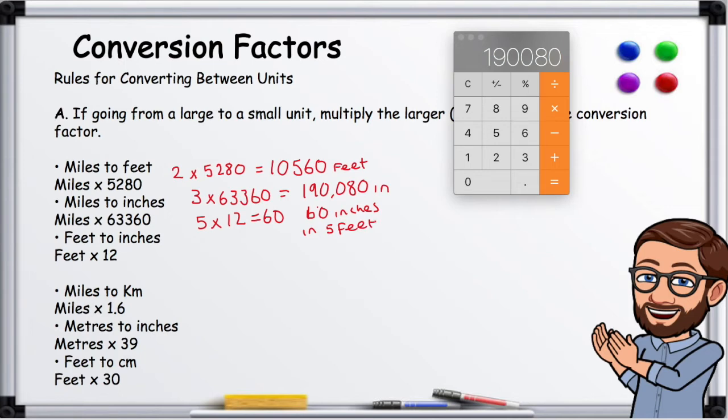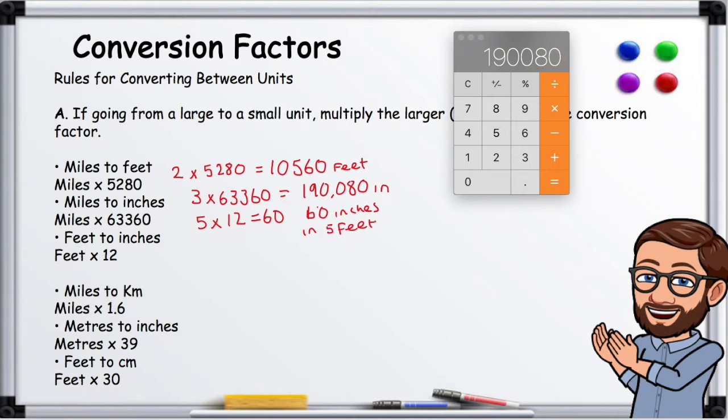Okay, let's go on to some level 2 type questions where we're converting between different units. This is imperial to metric. So if we're given a set amount of miles, we know that the conversion factor from miles to kilometres is 1.6.